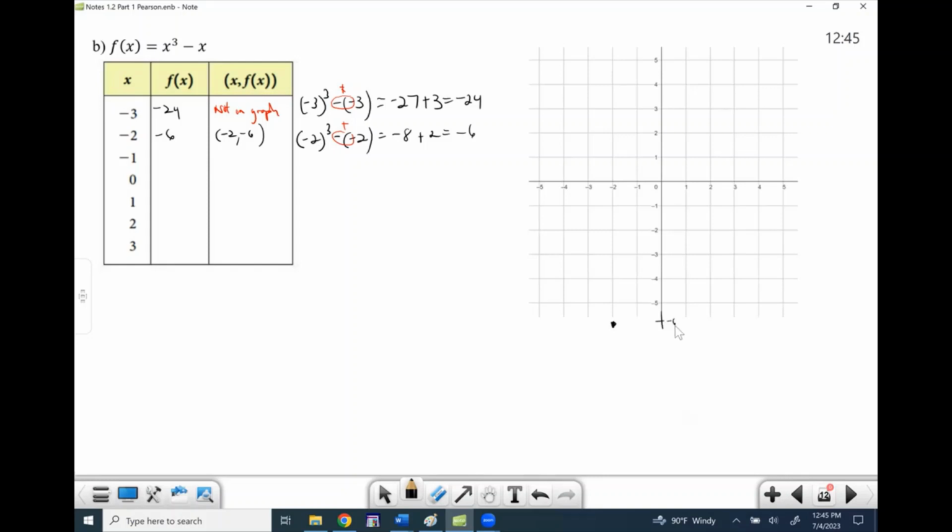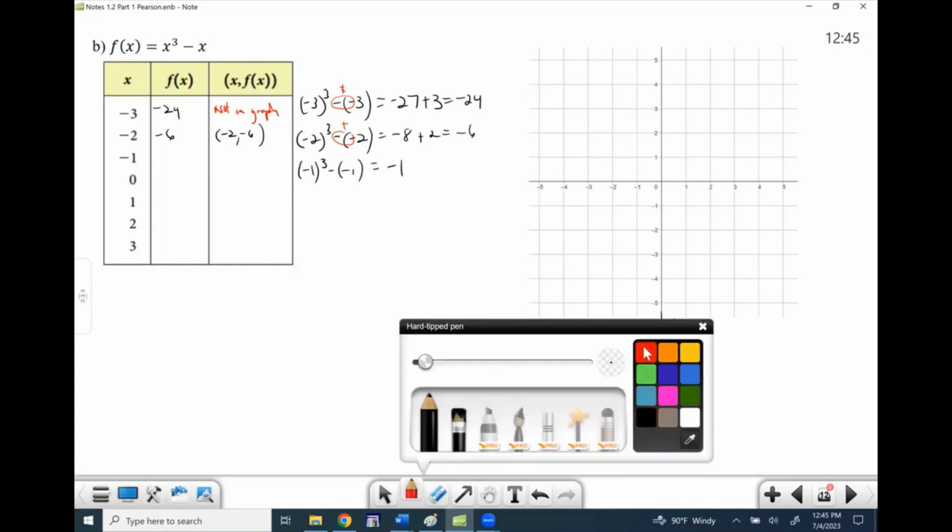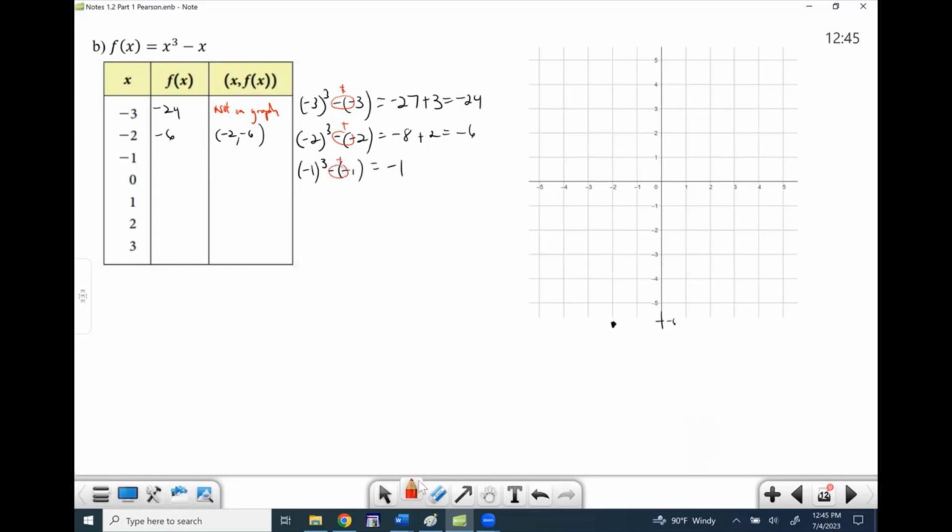Okay. So we'll substitute in negative 1. So negative 1 times negative 1 times negative 1 stays negative. But we're going to get a plus 1 because of the minus and negative. So we're going to get negative 1, comma 0 as our ordered pair. All right, we're going to substitute in 0.